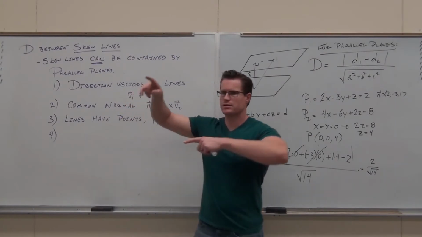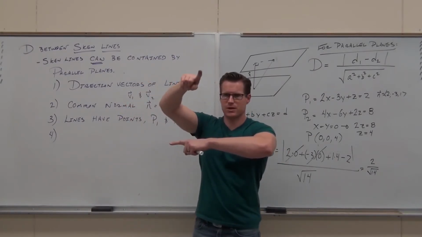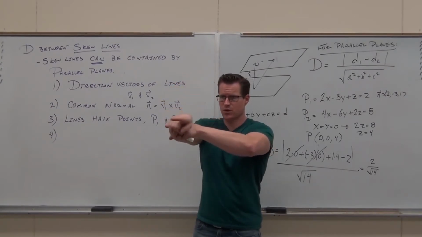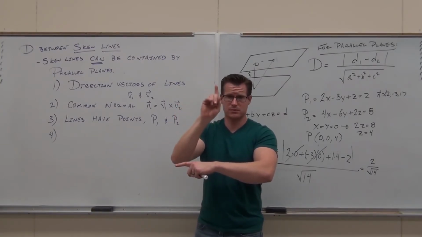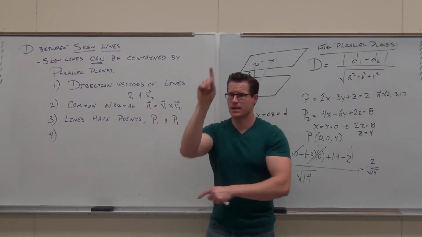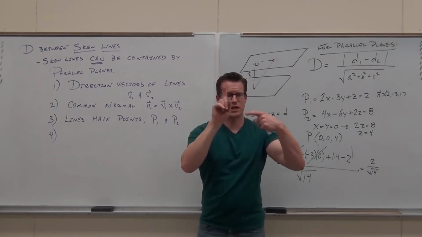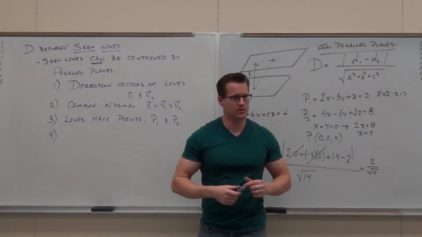If you've got lines like this, they get direction vectors like this, consider them to be contained in parallel planes. Planes need a normal. Cross them to find your normal. Now you have a normal for both planes. Lines have points. Take the normal with each independent point, find the equation of the planes.